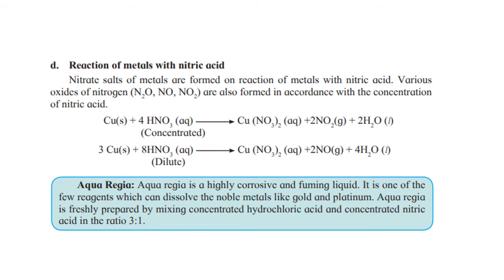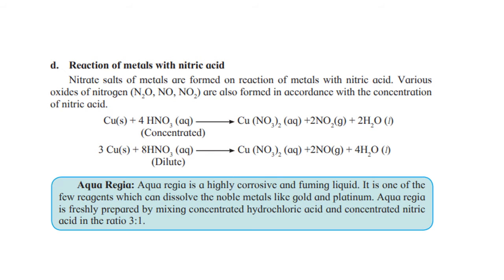Nitric acid, we know, is a very strong acid. The previous ones we saw were hydrochloric acid and sulfuric acid. Normally nitrate salts of metals are formed on the reaction of metals with nitric acid. Various oxides of nitrogen, that is nitrogen dioxide, nitrogen oxide, etc. are formed in accordance with the concentration of the nitric acid. Previously we said that metals react with acids to form their corresponding salt and hydrogen gas.